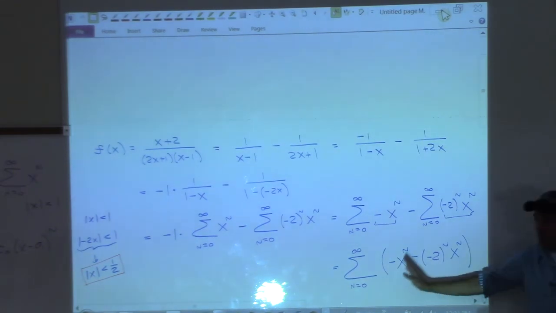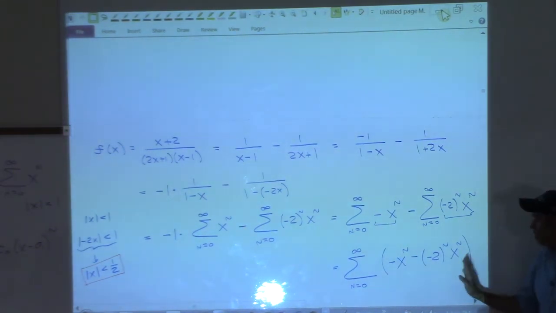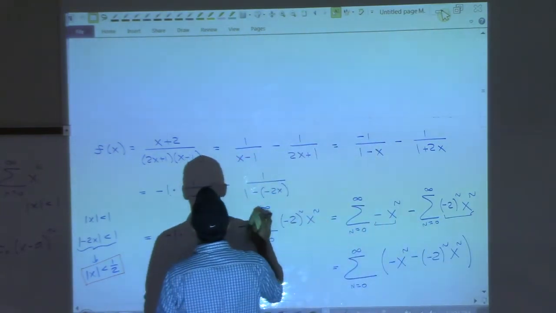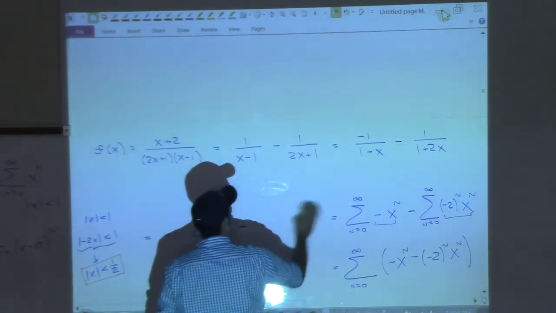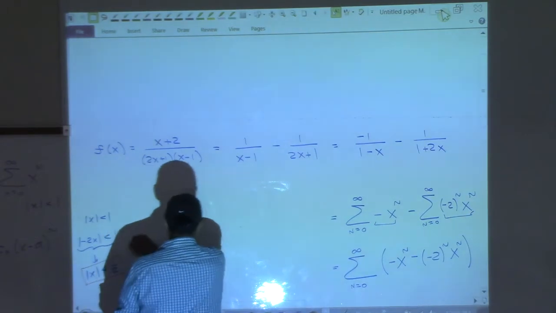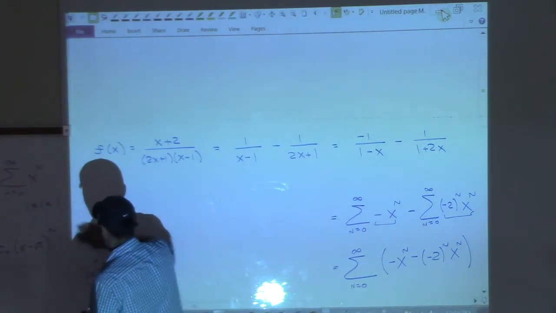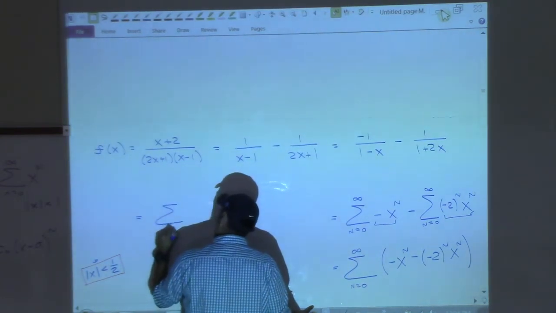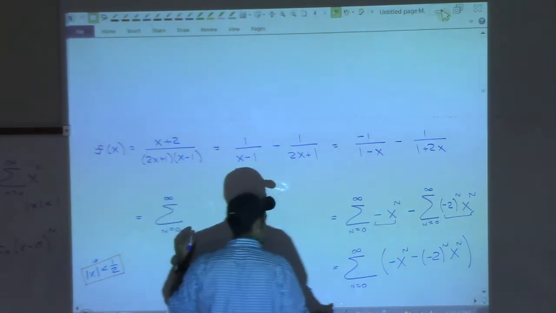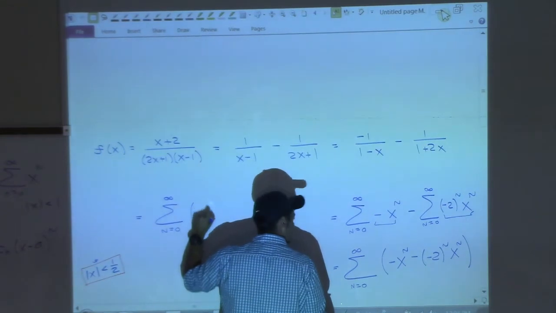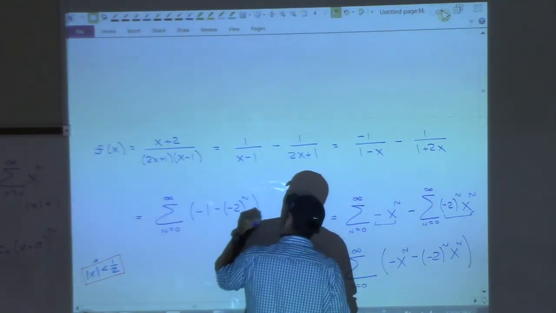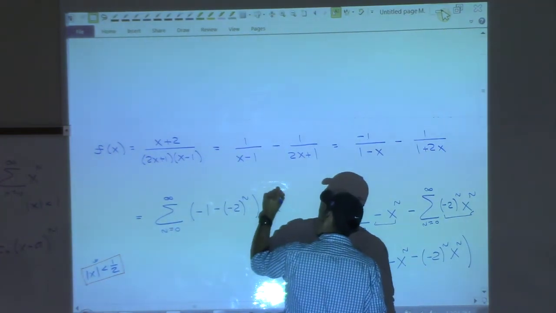Now they both have x to the n, so I'm going to factor it out. My next line will be the sum n equals 0 to infinity of negative 1 minus negative 2 to the n, times x to the n.